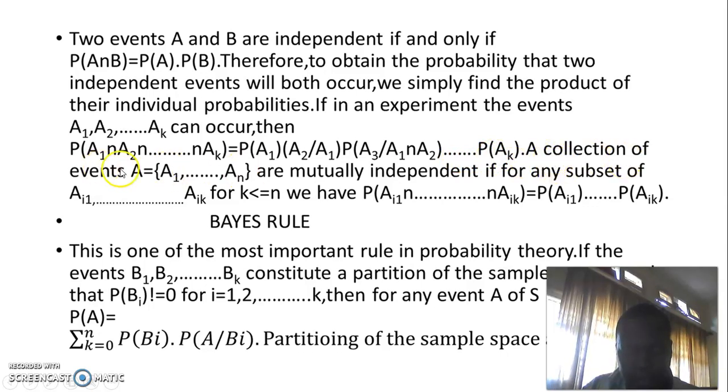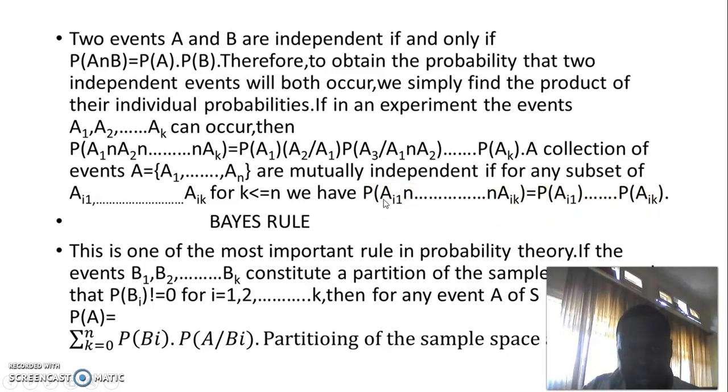A collection of events A1 up to AN are mutually independent if for any subset AI1 up to AIK for k less than or equal to n, we have the probability of AI1 intersection up to AIK is equal to the product of their individual probabilities.